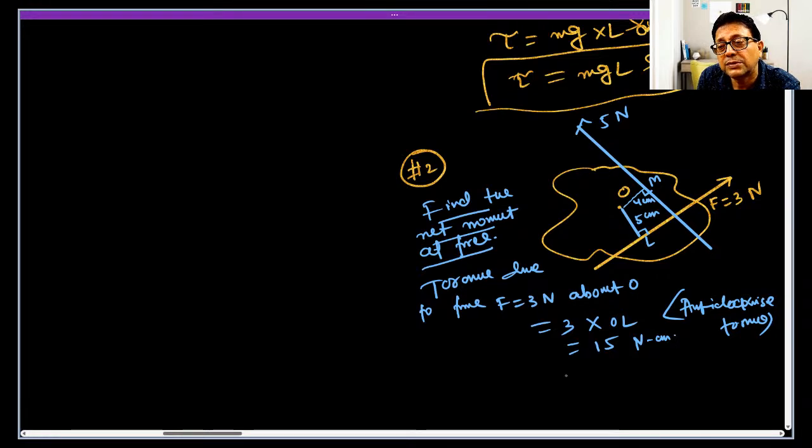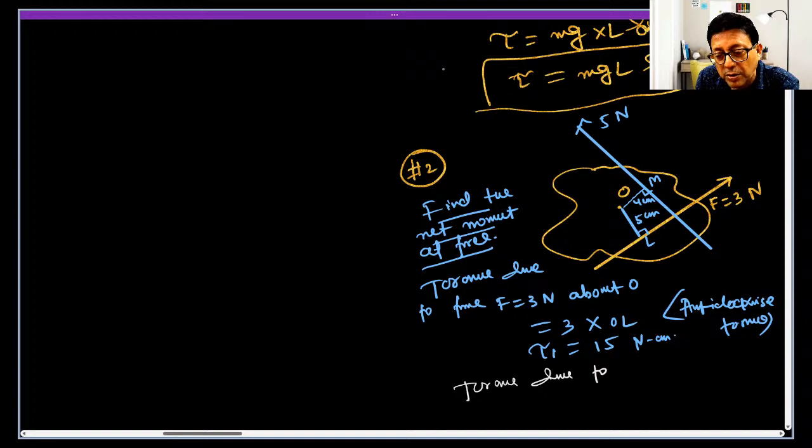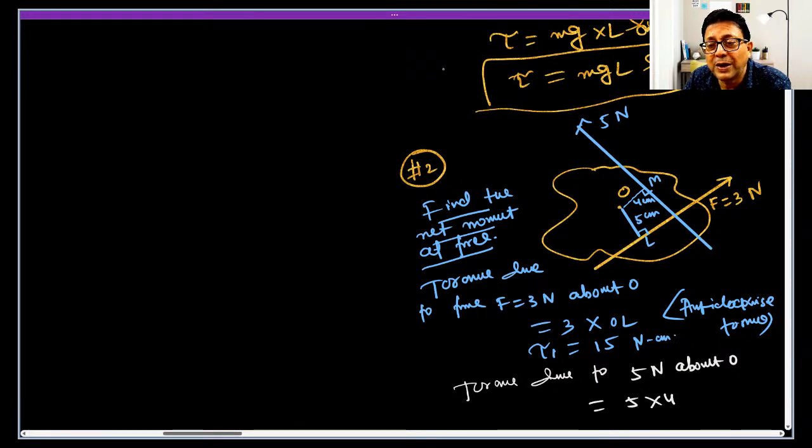And this one, this 5 Newton. Now let us calculate torque due to 5 Newton force about O. This is also 5 into 4, but it will rotate this lever arm in what sense? Clockwise or anti-clockwise? This is also anti-clockwise sense. So 5 into 4, 20 Newton centimeter.